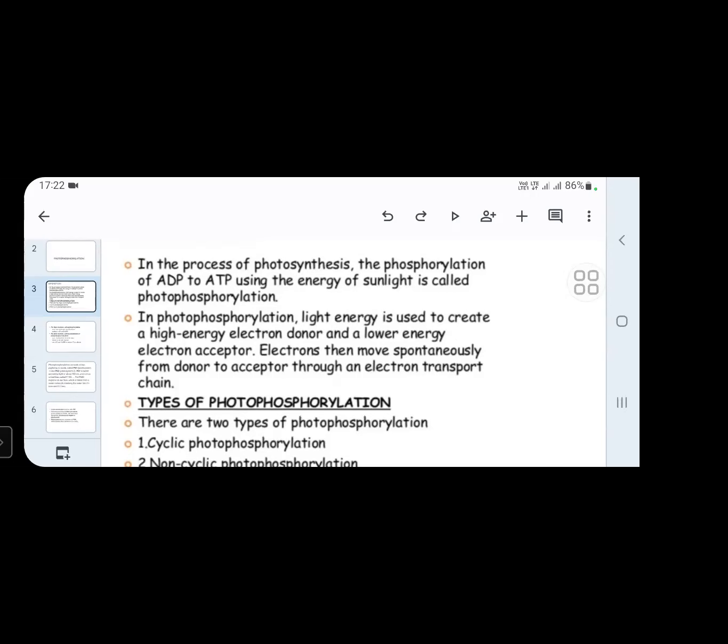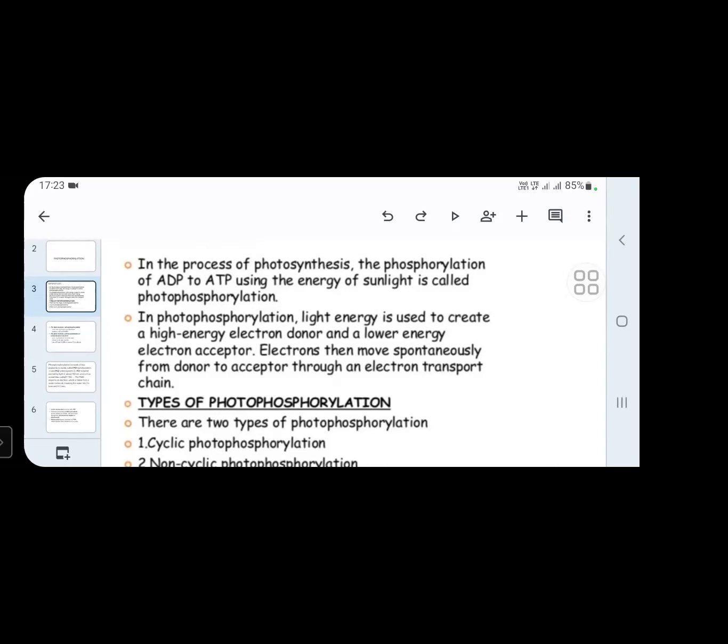In photophosphorylation, the light energy is used to create a high energy electron donor and a lower energy electron acceptor. As I told you, photosynthesis has a light phase and a dark phase. In the light phase, they accumulate energy in the form of ATP and NADPH2.